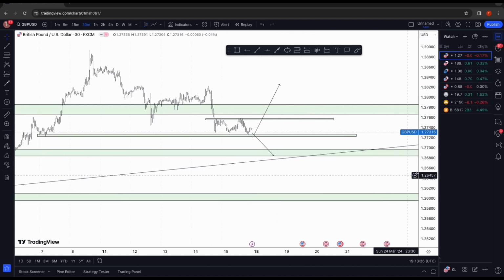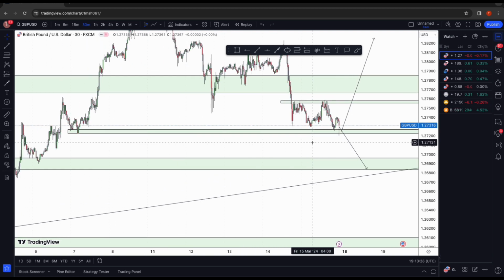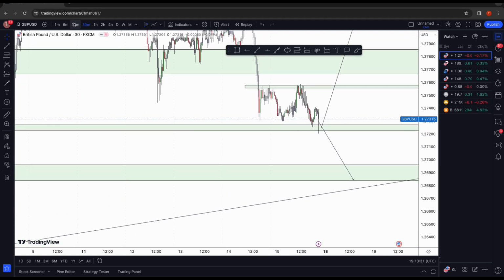What would make me want to buy or sell? Let's go down to a bit more of a lower time frame.